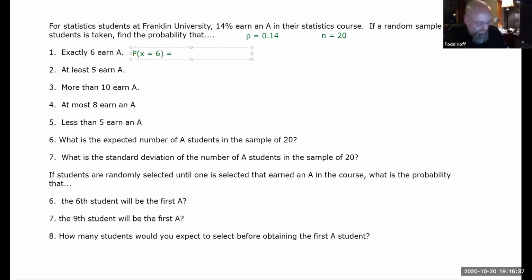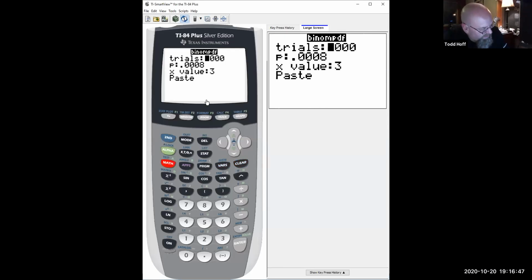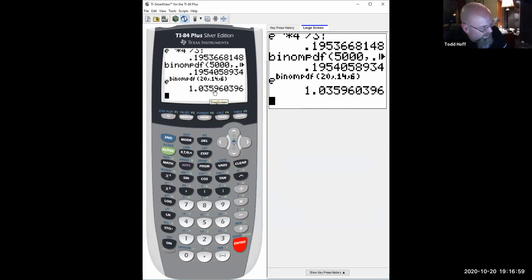Well, that's just a binomial PDF. So we'll go to the calculator. Second distribution, binomial PDF. 20 trials. Probability of success of 0.14, because that's the 14%. We want 6 successes. Okay, we did something wrong there.